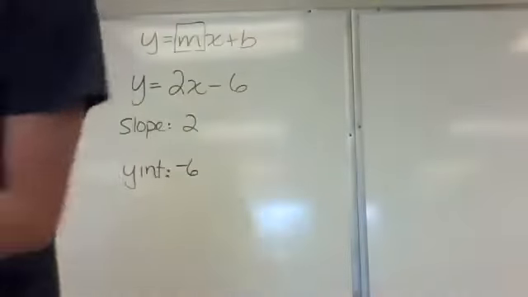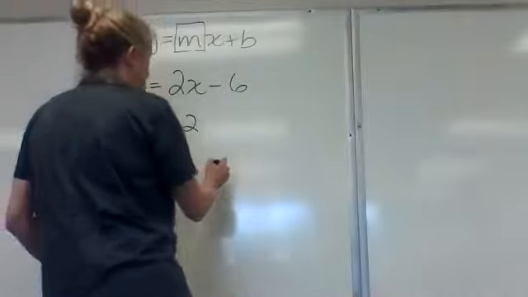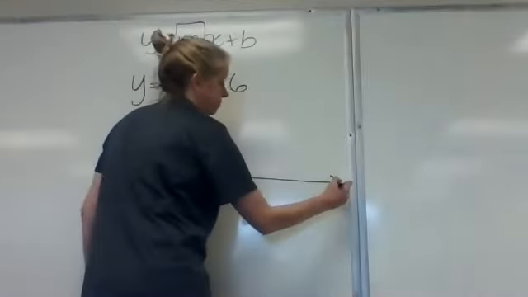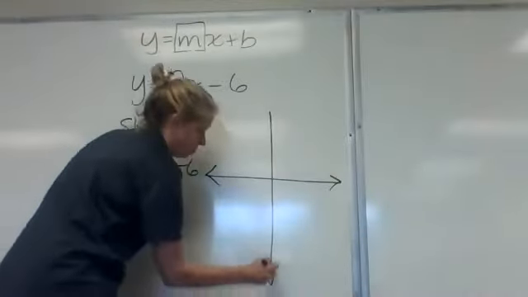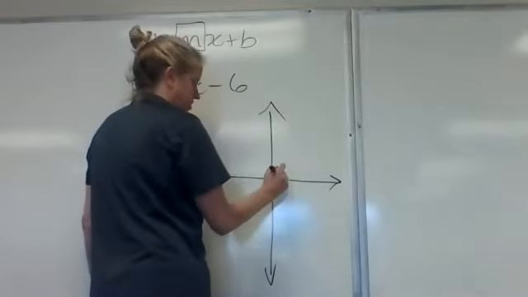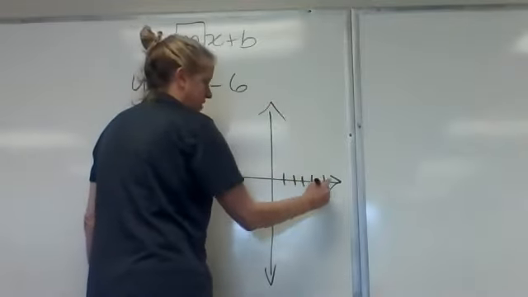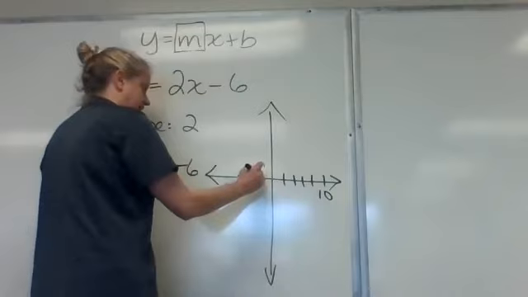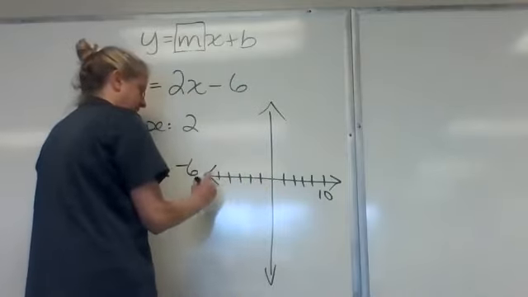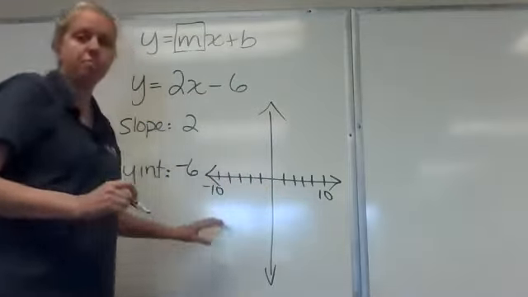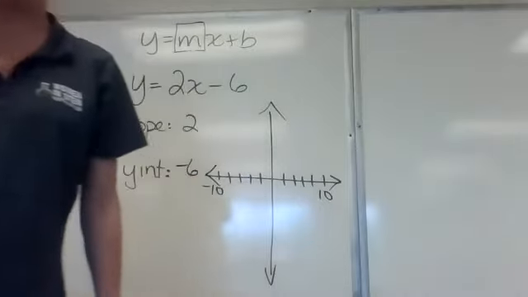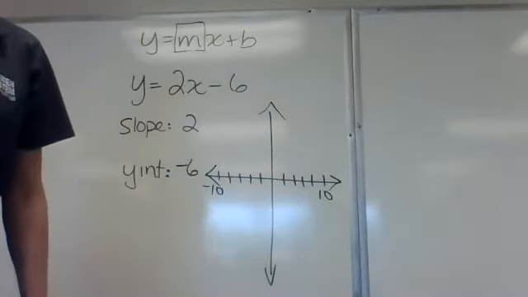So when I draw my graph, I'm going to draw it like that. So 2, 4, 6, 8, 10, and -2, -4, -6, -8, -10. I'm trying to make my graph match the ones that are in the multiple choice.